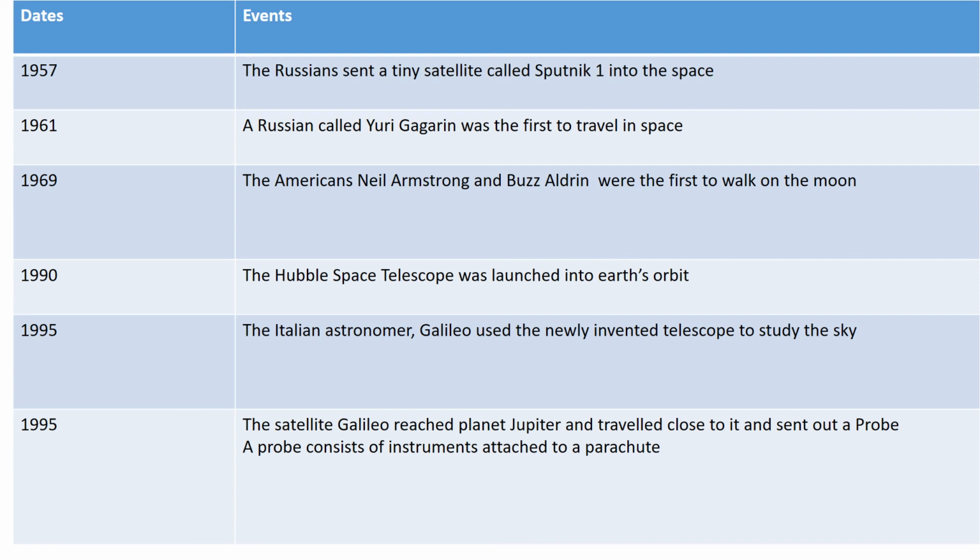The parachute launches it into the space where they want, and after this it opens and takes pictures and videos and sends them back. The probe is a very nice invention, and also the Hubble space telescope. These two are the basic instruments which scientists use for space.